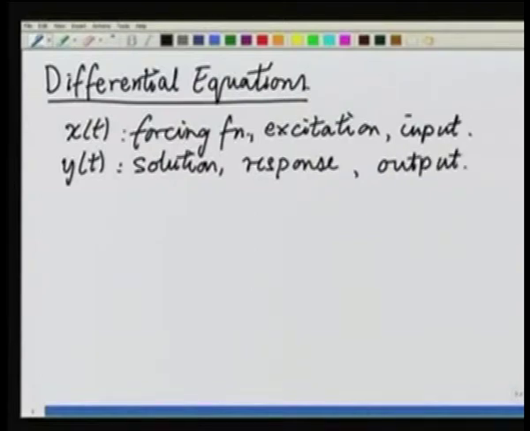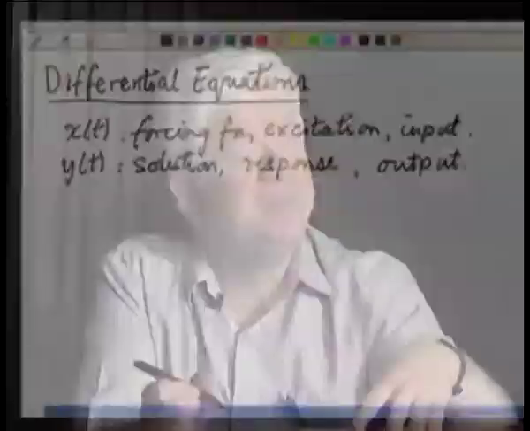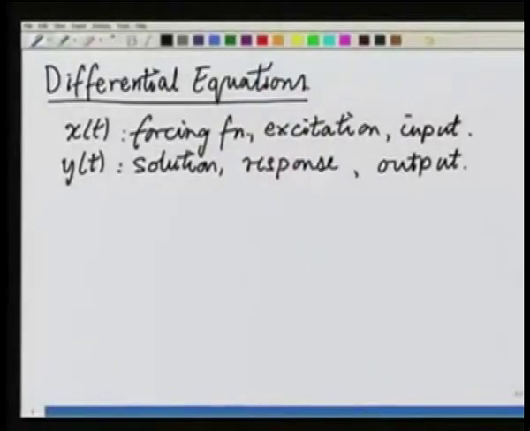How are these two functions related in a differential equation? On the right side, conventionally, of the differential equation will appear simply x(t), the forcing function. On the left side we will have a certain combination of the various derivatives of y(t).